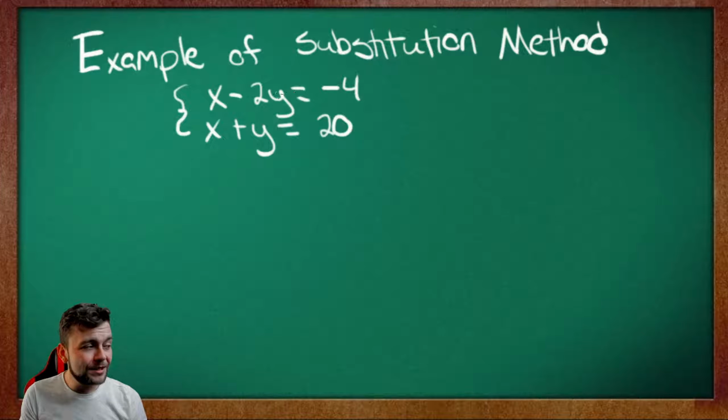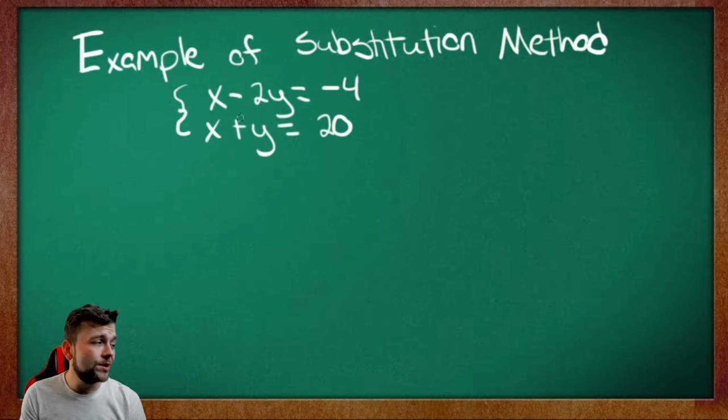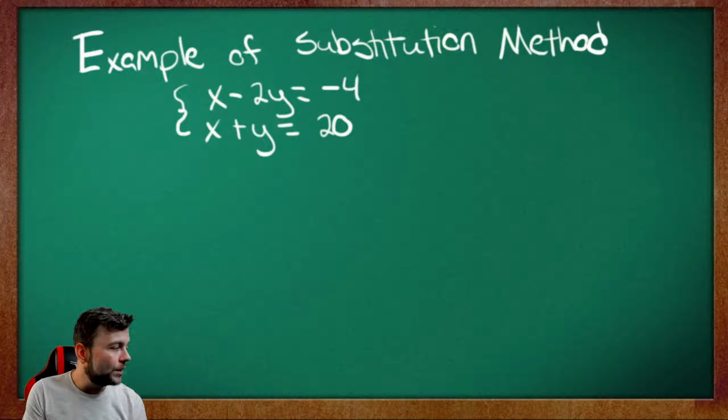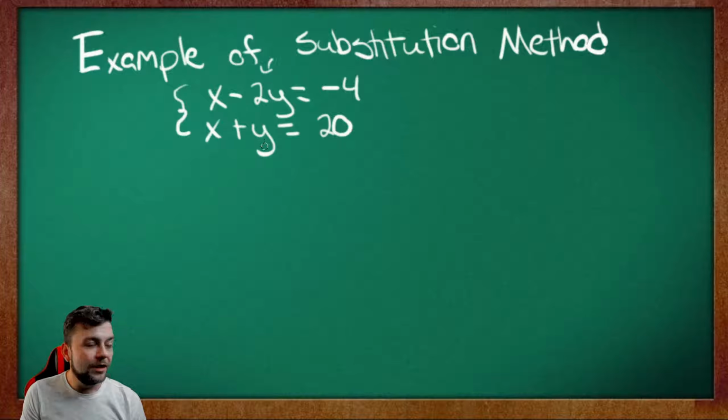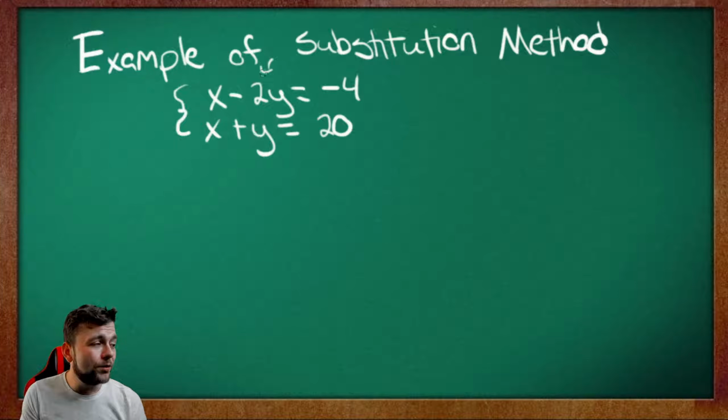So remember, we're going to solve this to where it's either x equals or y equals. What I see right away is that I have a negative coefficient on that very first equation. I have this minus 2y right here, and that makes it a lot easier to deal with. So we're going to manipulate that equation.